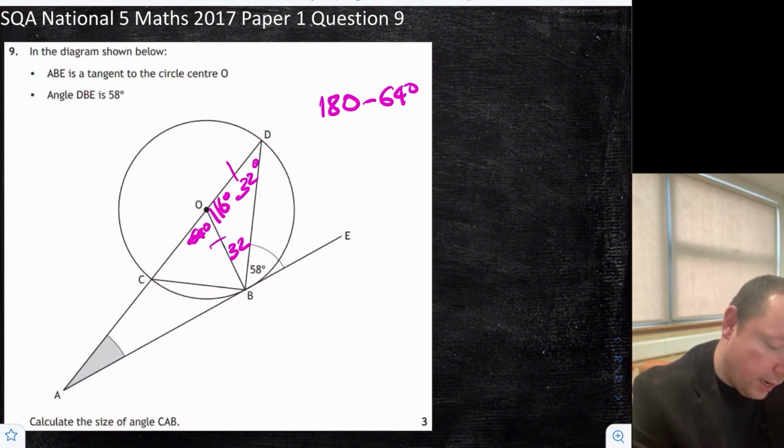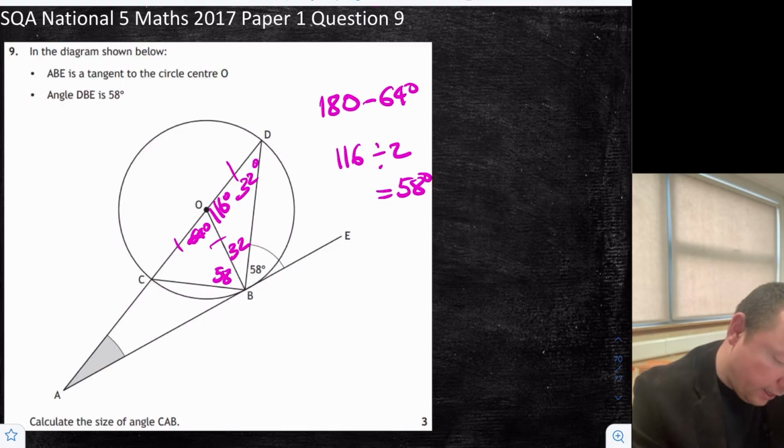And then we're in a new triangle. Isosceles again. So that means I can do 180 minus 64 to get 116 and divide by 2 to get 58. So that means I know that this is 58 and that this is 58 as well. Radius meets tangent at right angles, so these two add up to 90, so that gets me back to 32 down here.